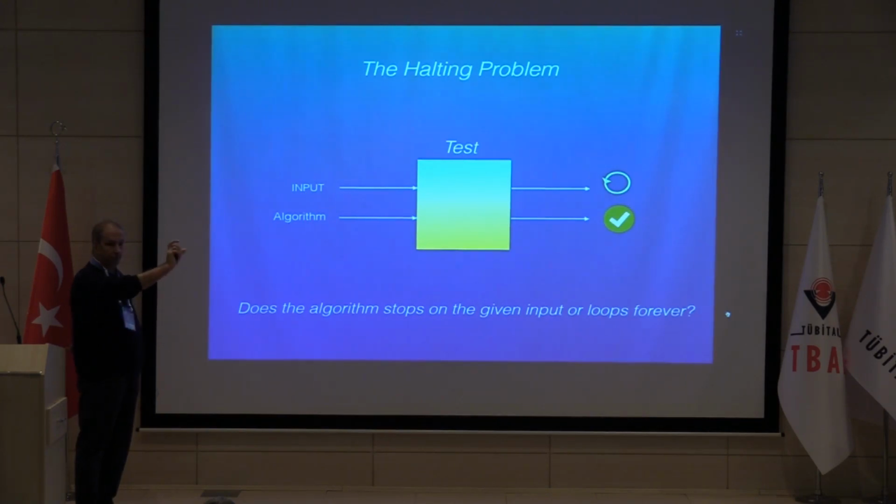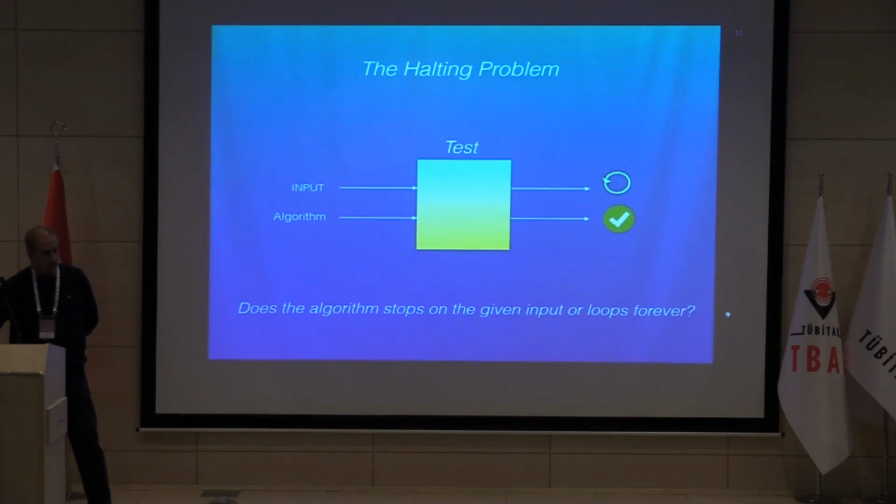And the green lamp shines, or no, the machine loops and loops and loops. It doesn't stop, doesn't halt. That's why it's called the halting problem. So this is the statement of the problem: does the algorithm stop on the given input, or loop forever?